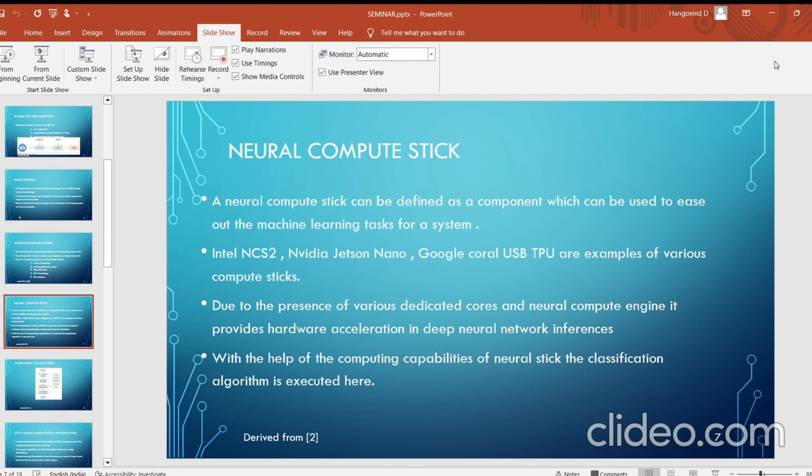They provide hardware acceleration for deep neural network inference. With this we can easily do the classification algorithm, and by using it, it takes much less time than it does on the Raspberry Pi.